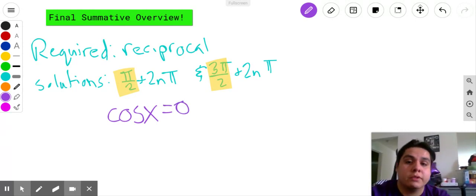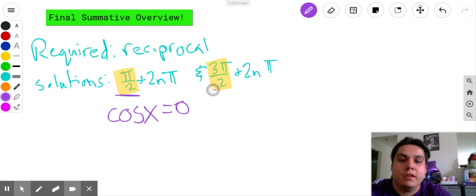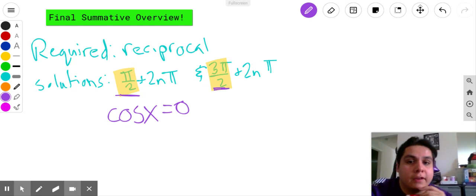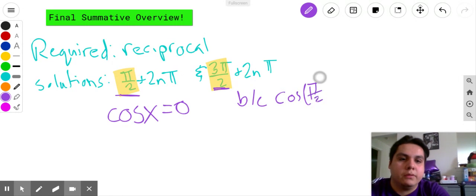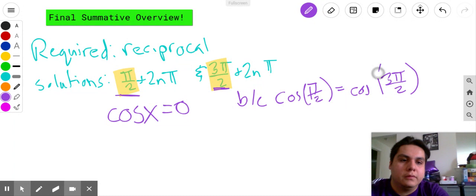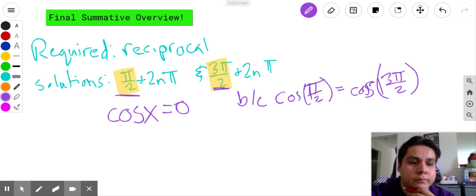Because cosine of x equals 0 produces these given answers, and again, this is what I'm looking for in the video. I know cosine of pi over 2 is the same as cosine of 3 pi over 2. All right, so that explains my choice of the cosine.